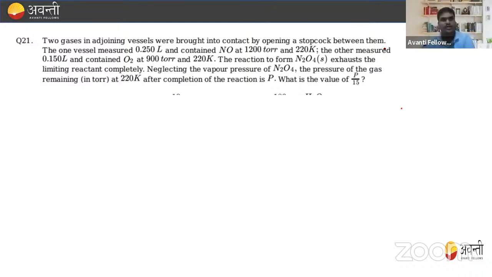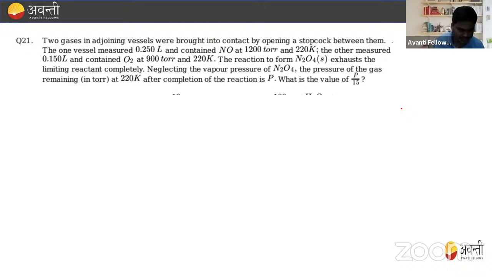According to this question, two gases in adjoining vessels are brought into contact by opening a stopcock between them. One vessel measured 0.25 liter and contained NO at 1200 torr and 220 Kelvin. So the conditions are given, that is the volume and the temperature.